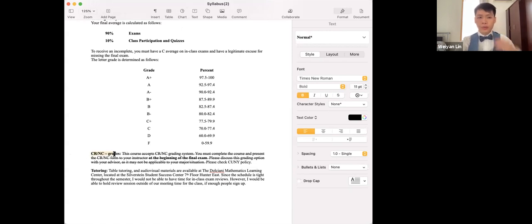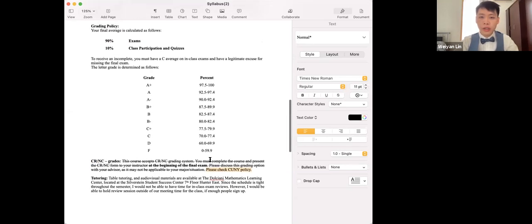In terms of credit, no credit grades, the CUNY system changes regularly, so I don't know how it works in this semester. Maybe if you want to do credit, no credit, email me about this policy, and then we can discuss this further as an option.